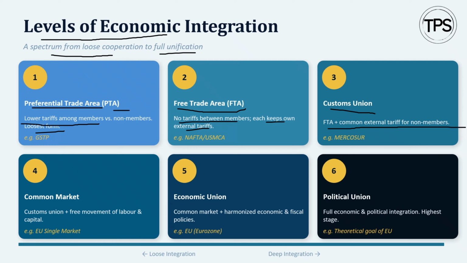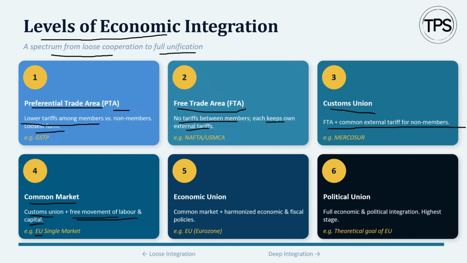That is a customs union. Then comes the common market, which means a customs union plus free movement of labor and capital.